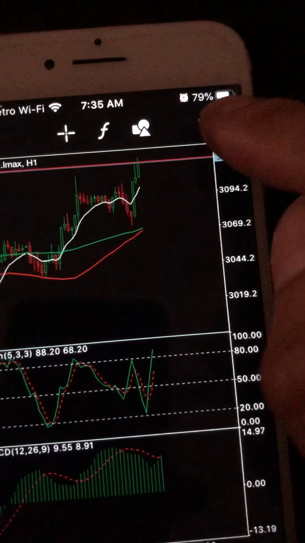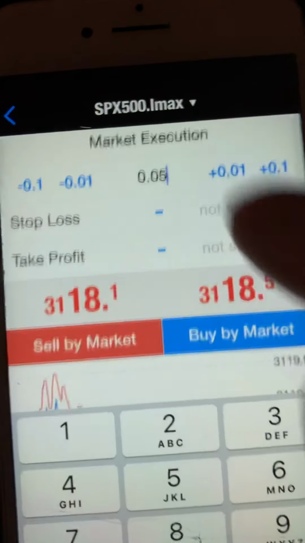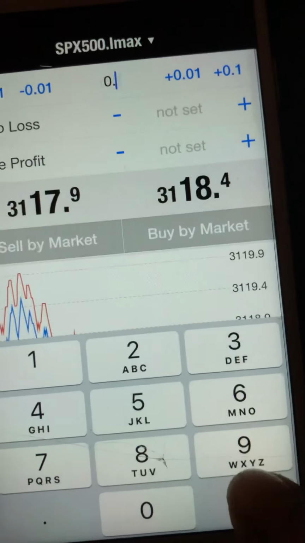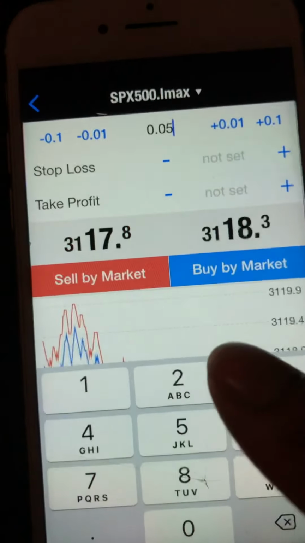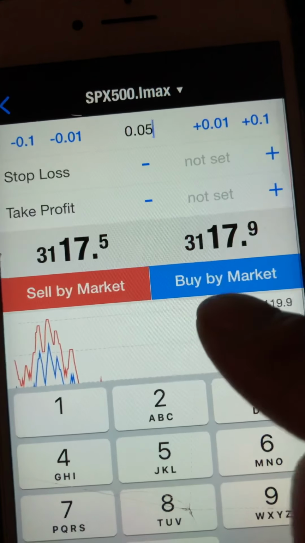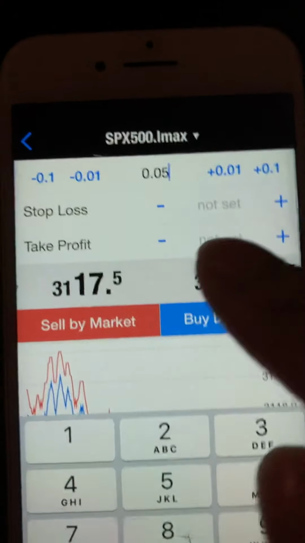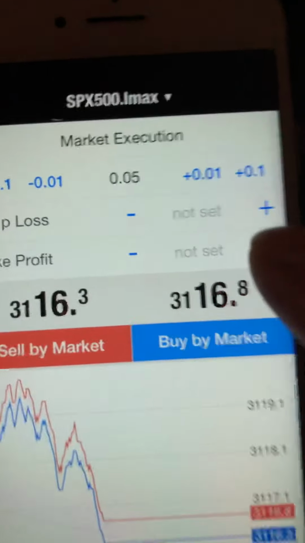I know I'm going to profit, so I can press trade from the chart, and let's say I'm going to buy 10 cents worth. No, I'll buy 5. 5 will go a long way. Buying it at 31.18. Buy by market, which means market execution, the immediate buy.